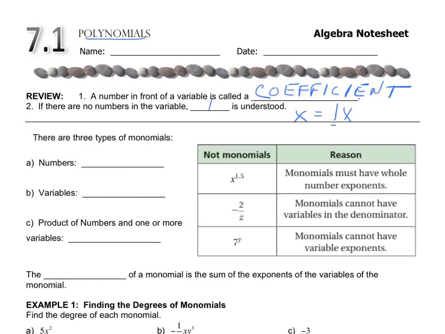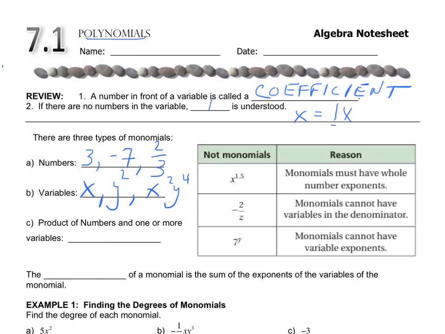We have numbers, such as 3, -7, and 2/3. We have variables, something like an x, y squared, or x squared, y to the fourth, where we're multiplying two different variables together.